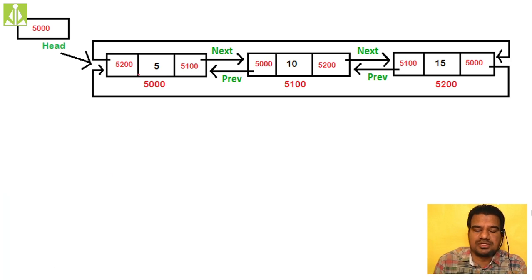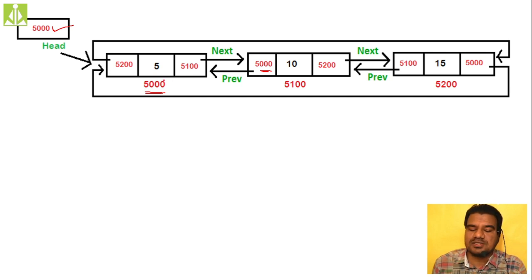That I'm storing inside the head pointer. To make this first node the head node, I have to store the address of this first node inside the head pointer. So the head pointer has the address of the first node. Not only that, inside the second node's previous pointer, we also have the address of the first node.